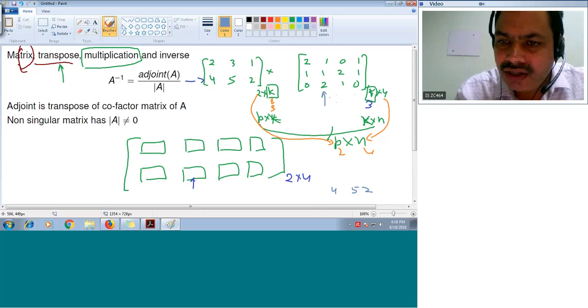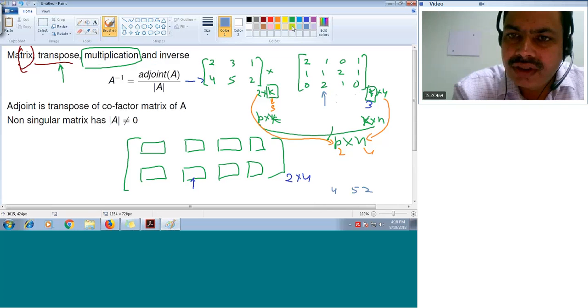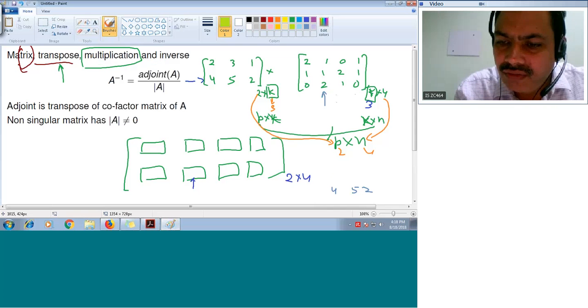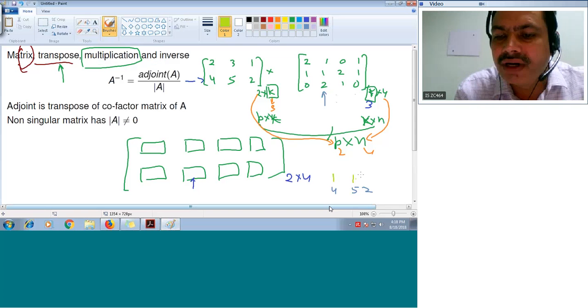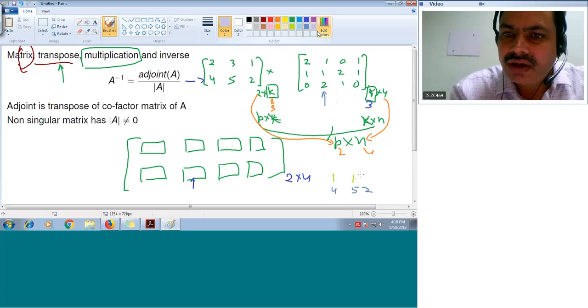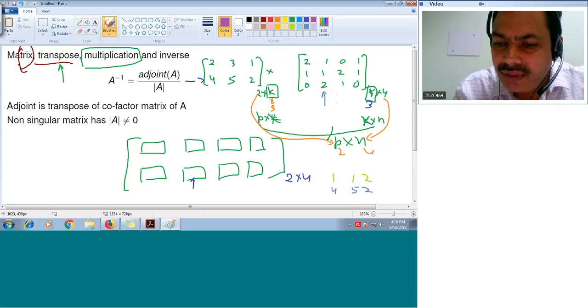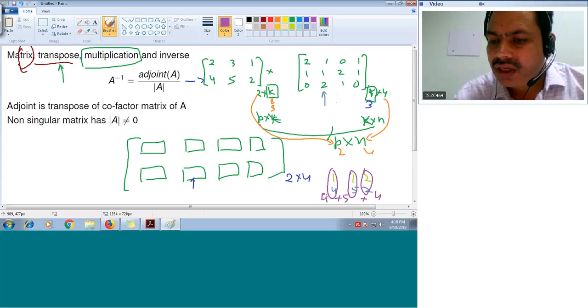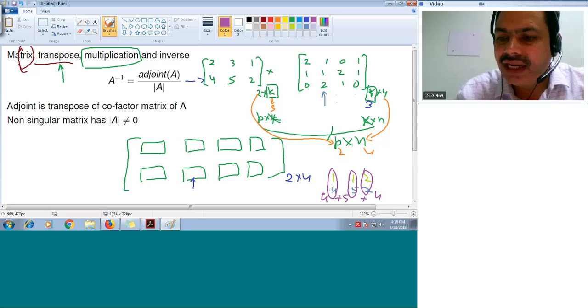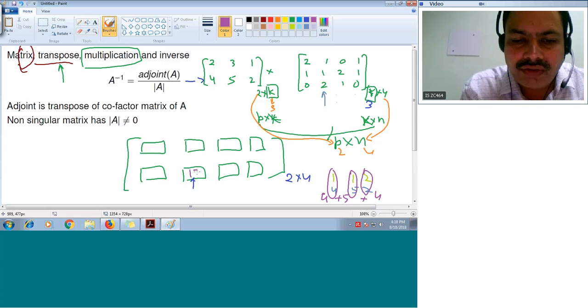The items are 1 1 and 2. You multiply term by term. By this you get 4, by this you get 5, by this you get 4, and then you find the summation. 4 plus 4 is 8, plus 5 is 13, so you put 13 over here.